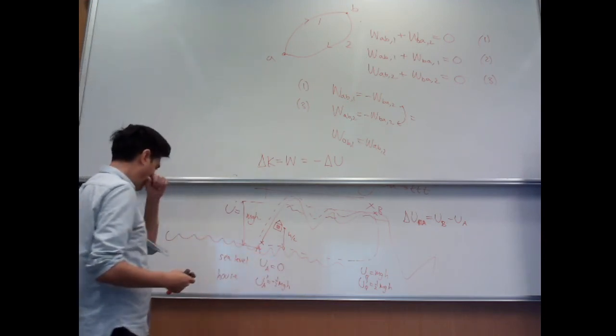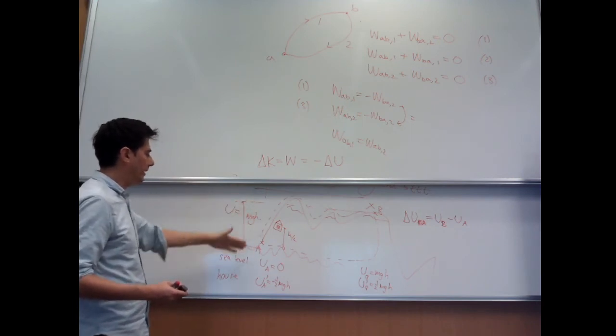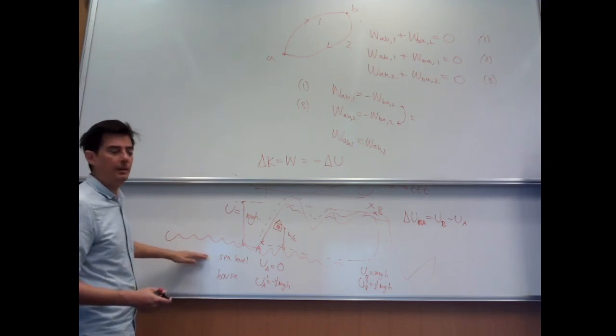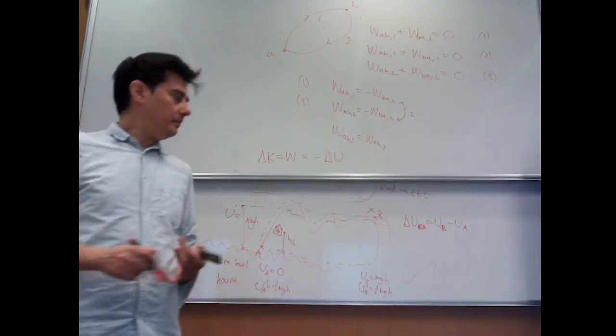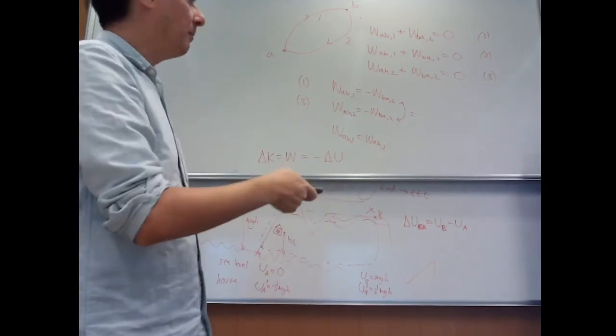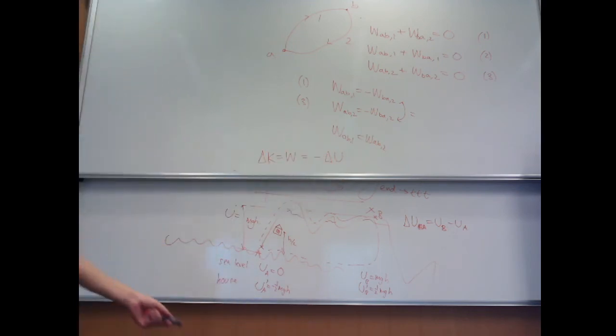So that's why we can have an arbitrary zero point of this gravitational potential energy. So yeah, that's basically what this is saying. We can add a constant to it, it doesn't really matter.